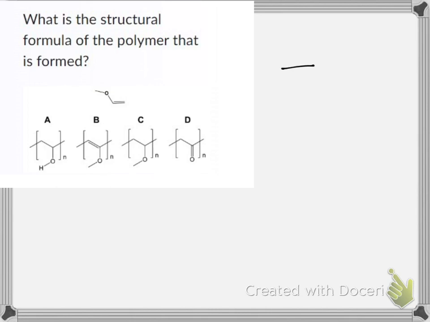Okay, so polymers here. Our general model is that we have a double bond and a side chain. The double bond is here, and there's what we call the side chain.